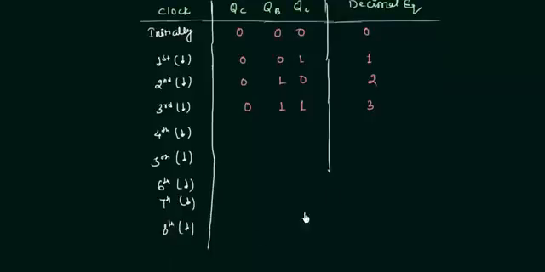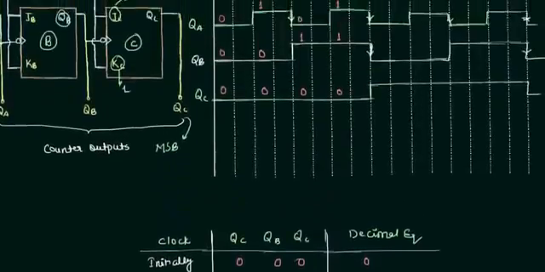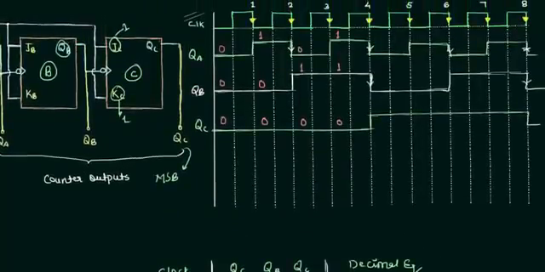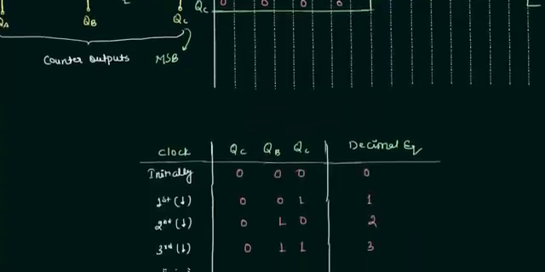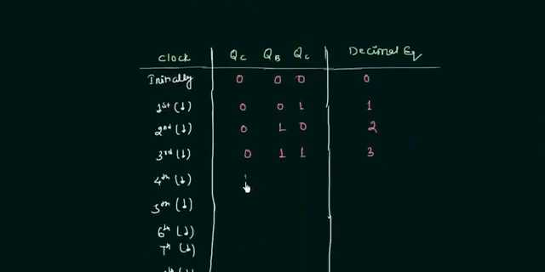Let's complete this table quickly, then we have to draw some important results. So we will move to the 4th falling edge, and in the 4th falling edge you can see the value of QA is equal to 0, the value of QB is 0, and for the first time the value of QC goes high, that is 1. So for the 4th falling edge I have 1, 0, 0, which is definitely the equivalent of 4.